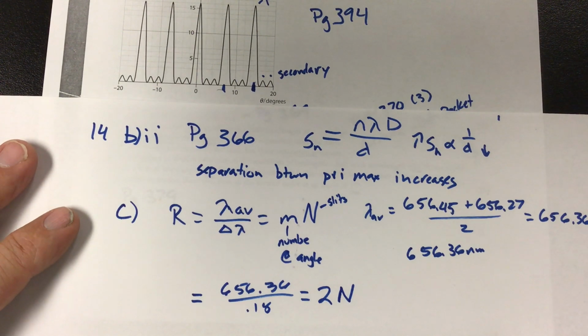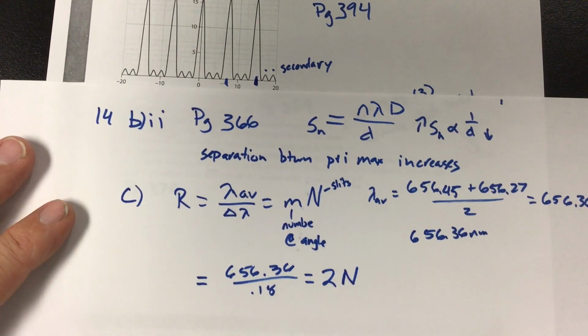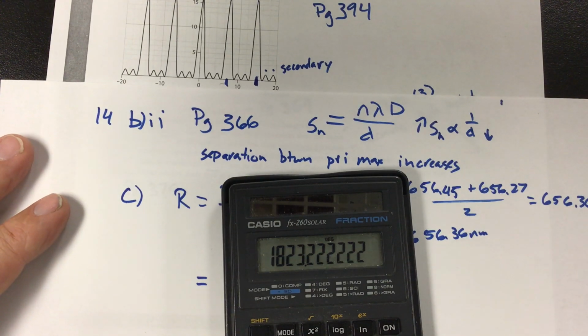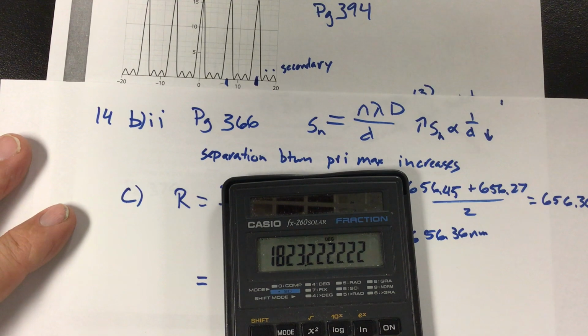If we do a bunch of math, it comes out to 1,823 slits per millimeter.